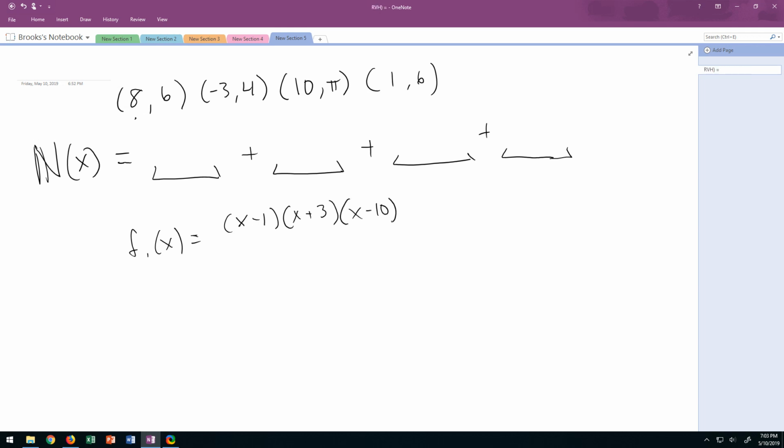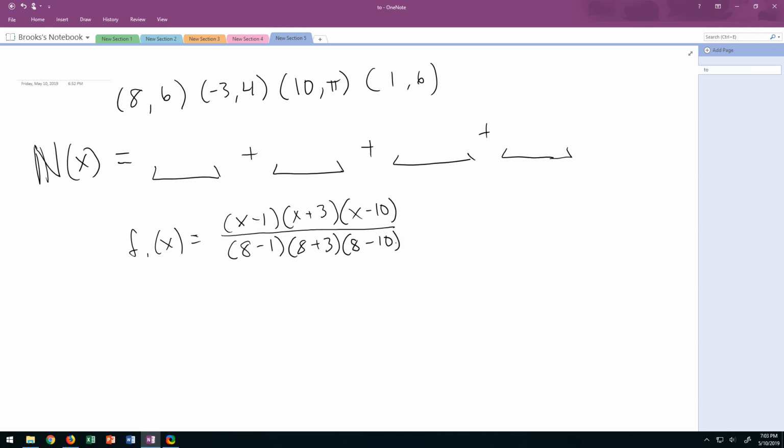Those are the zeros of my first polynomial. It doesn't have a zero at 8 because I want it to actually have a value at 8, so I'm going to divide by 8 minus 1, 8 plus 3, and 8 minus 10.